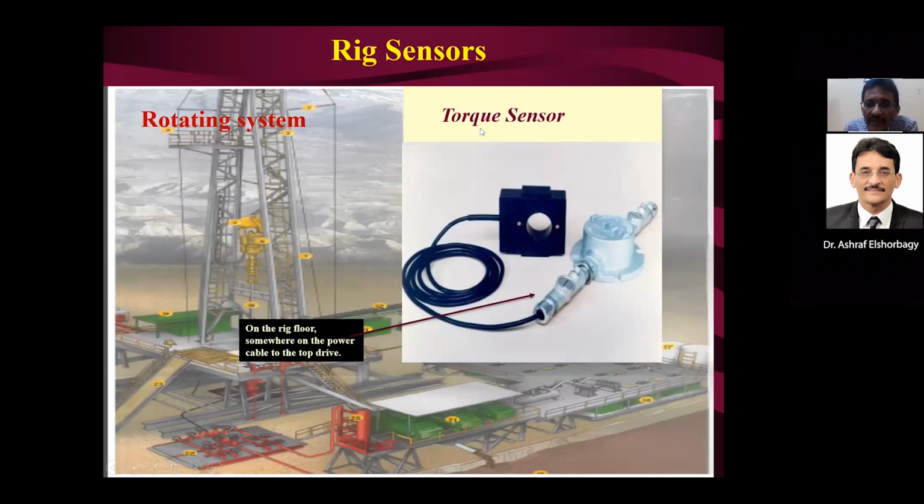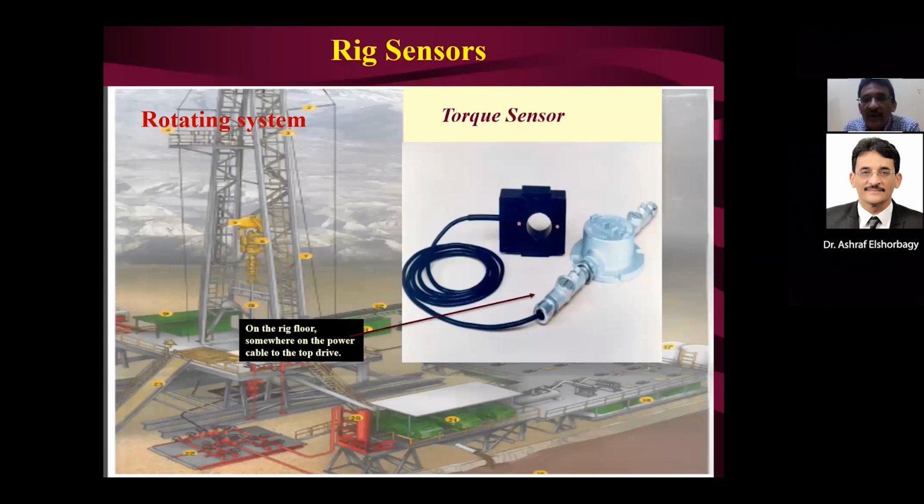When the string starts to rotate, I have a reading for the torque. Okay, in the normal case I have a torque of, say, 50 or 55 amps. And if the value of these amps starts to decrease or increase very much, or suddenly gives a drastic change, it means that we have a problem. The torque can also give me an indication that I have a problem with the tri-cone bit.